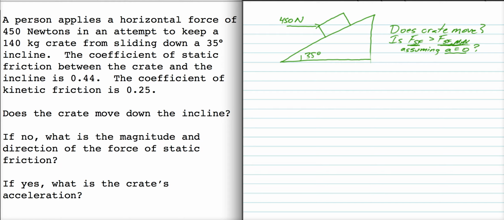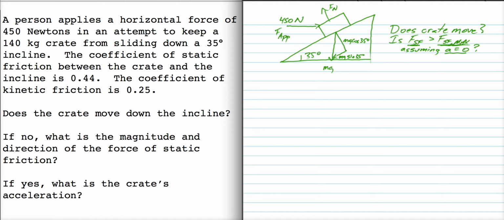All right, so let's see. To work this out, I'm going to need to draw a free body diagram. We've got gravity, which has parallel and perpendicular components. The parallel component of gravity is mg sine 35. Perpendicular is mg cosine 35. There's a normal force. We've got our applied force of 450 newtons, which is a little tricky.